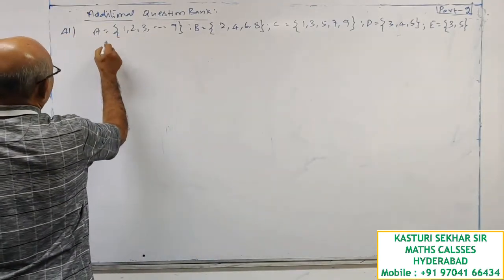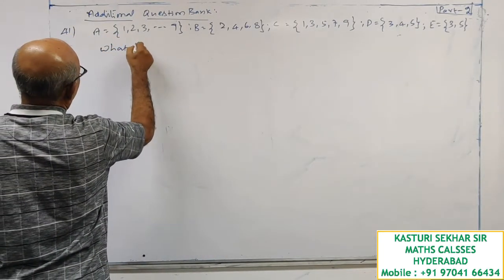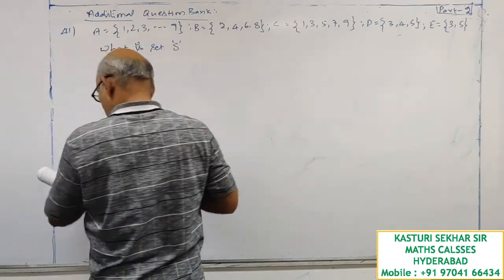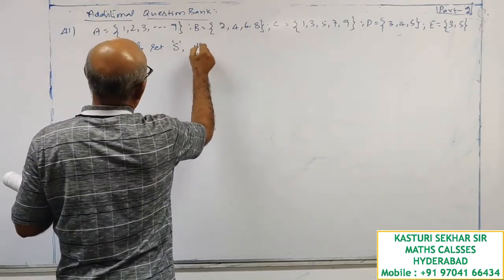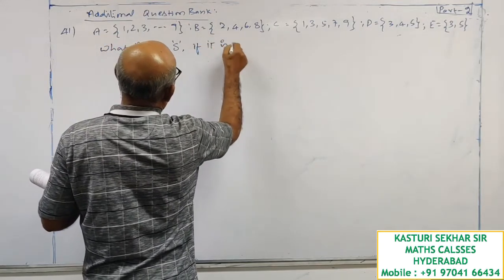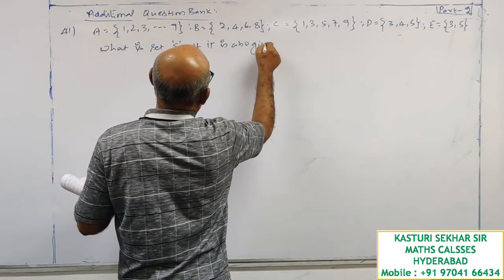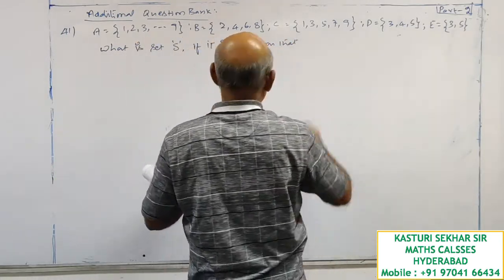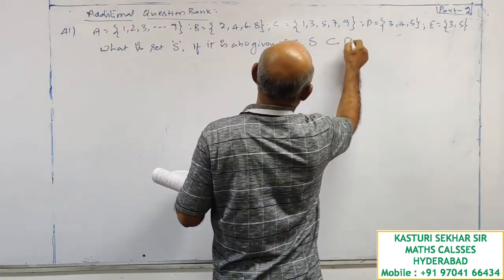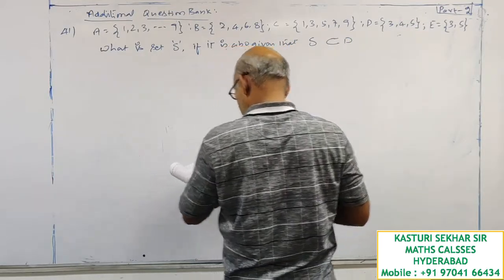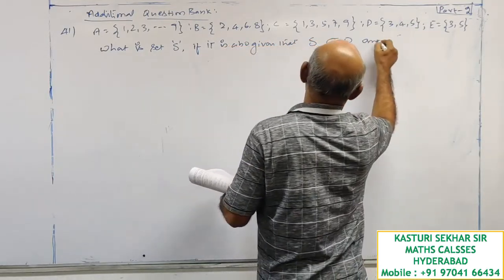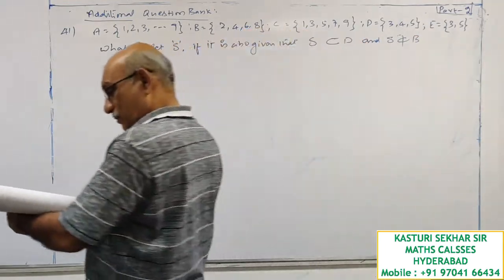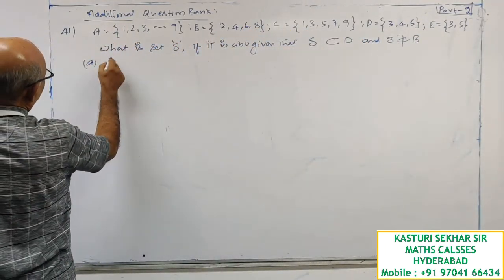What is set S? If it is also given that S is a proper subset of D and S is not a proper subset of D. Let us take the help of options.